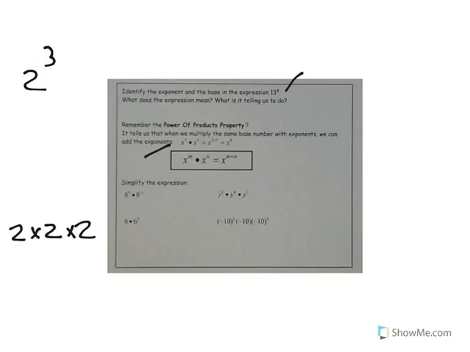So this is just x to the m times x to the n is equal to x to the m plus n. For example, this is 8 to the third power times 8 to the 11th power, so you just add 3 and 11, and you get 8 to the 14th power.